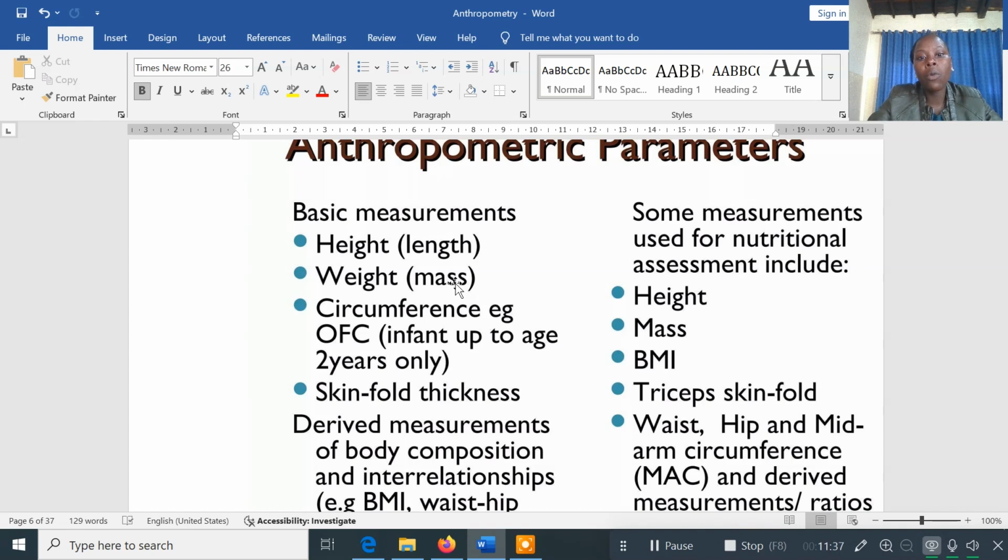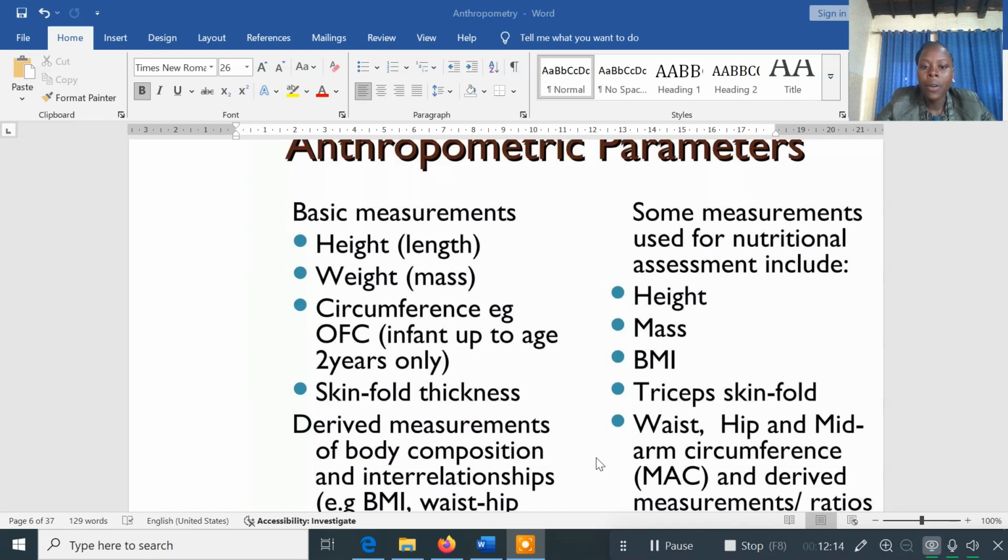This is when we are going to use our tape measure to measure the circumference, for example, the occipitofrontal circumference in infants up to 2 years only. So we cease measuring this. The other basic measurement we have is what we call the skin fold thickness. Okay. So those are some of the basic measurements: weight, height, circumference, and skin fold thickness.